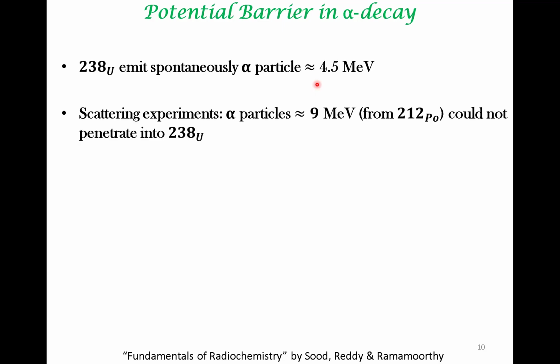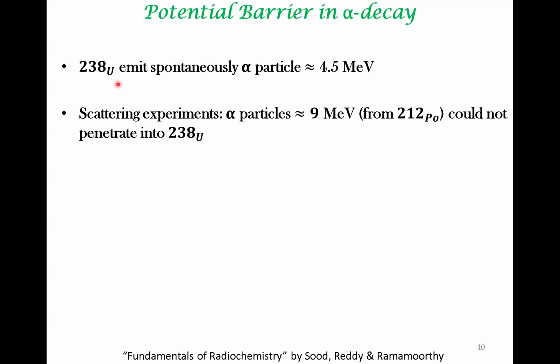One way to look at this reaction barrier is you throw a projectile. The projectile here is an alpha particle of energy of 9 MeV. So how do you get these alpha particles? You have some elements that are naturally alpha emitters, and you direct those alpha particles to, let's say, this particular atom.